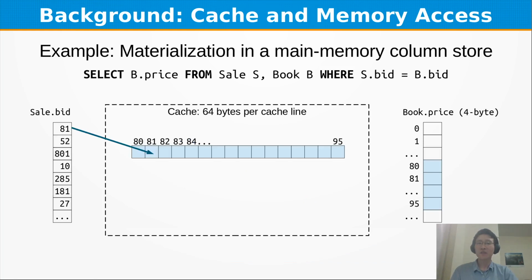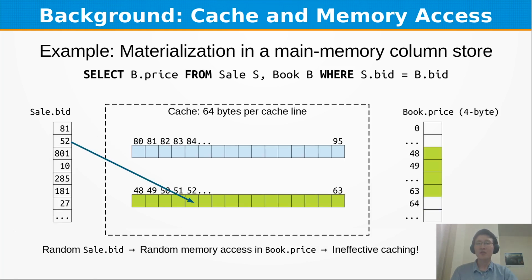Because the unit of data transfer between memory and cache is a cache line of typically 64 bytes, even if we want to read just 4 bytes from the price column in memory, the entire line of 64 bytes will be copied into cache. To look up different book IDs, new cache lines will be copied as well.